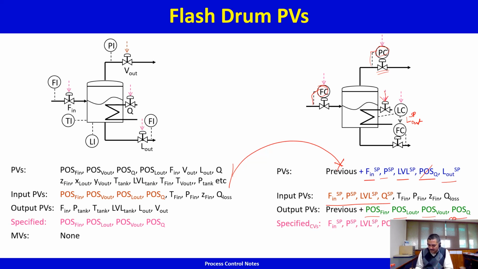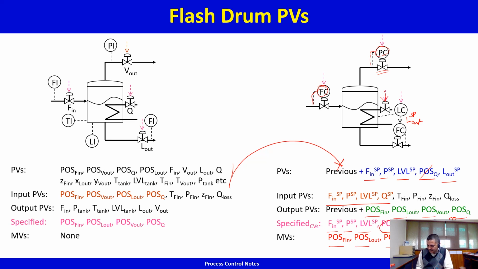What is the operator specifying? Four things: the set points of the controllers: inflow set point, tank pressure set point, tank level set point, and the steam rate set point or steam valve position set point or position. What is being manipulated? This is being manipulated, this is being manipulated, this is being manipulated.